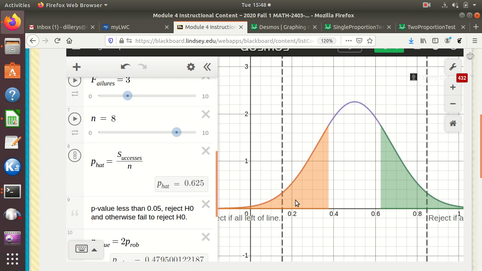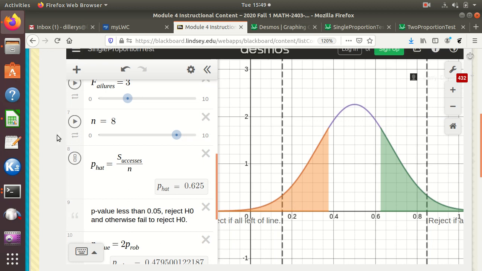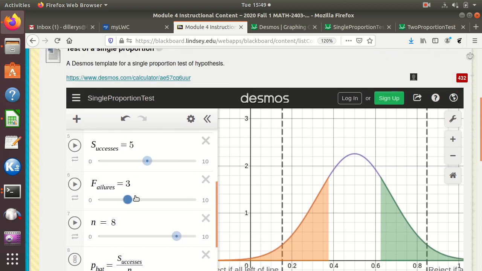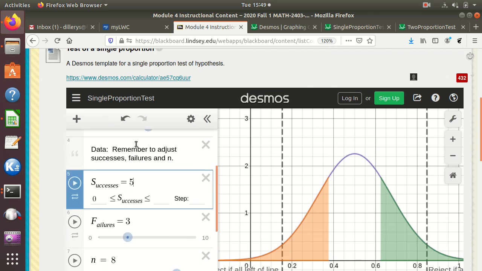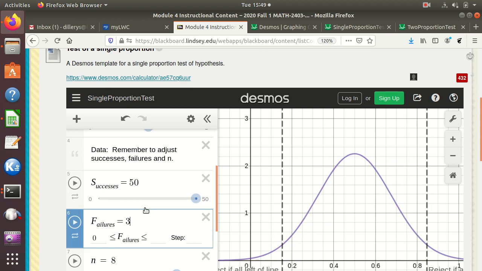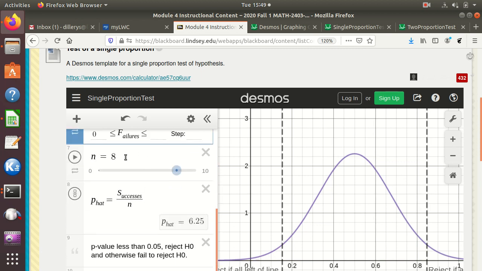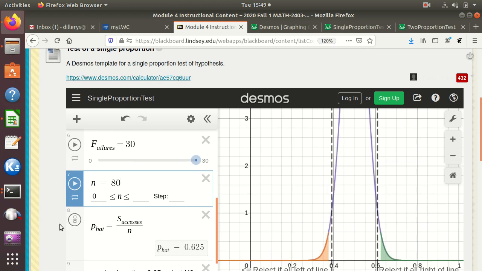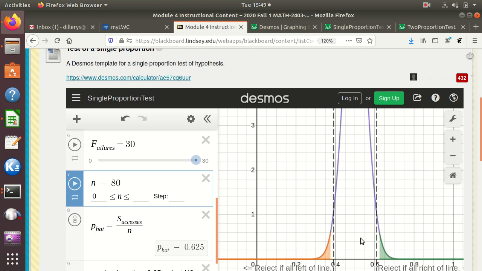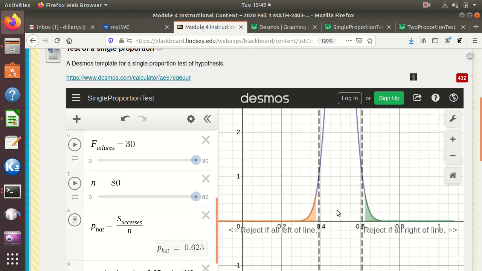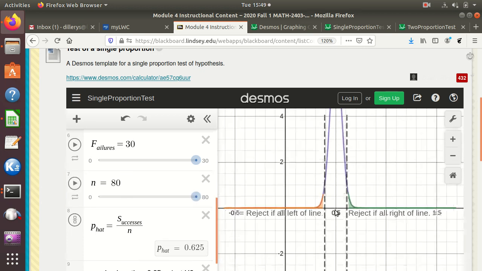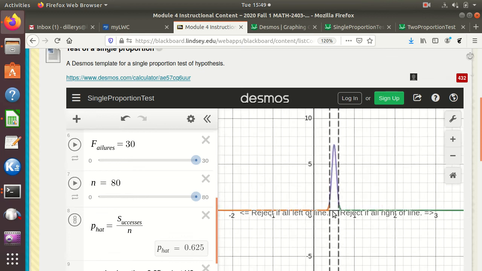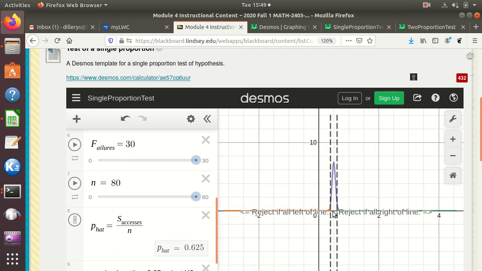Right, so the question is, what if we had 10 times as many data? What if we had 80? So what if we had 50 and 30? And so n would be 80. And notice what happens: all of a sudden we would reject the null hypothesis. Whoops, we're going wrong. What's going on?